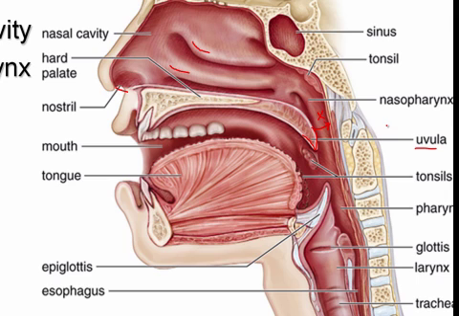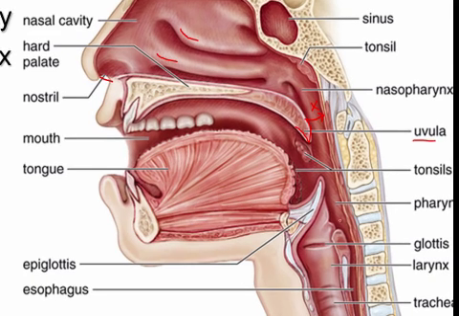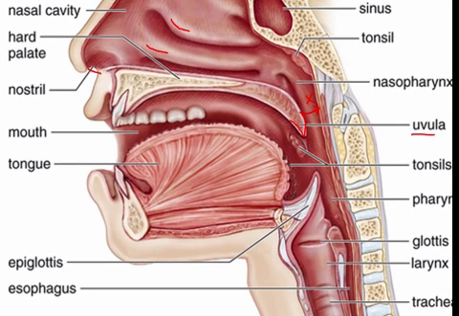If we continue coming down in the respiratory anatomy, when we get to the lower end of the pharynx, there is a fork in the road. Here we have the esophagus, which is the tube that leads to the stomach, and the other fork goes through an opening called the glottis, and the glottis is the opening into the trachea or windpipe.